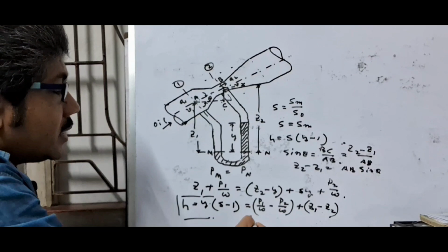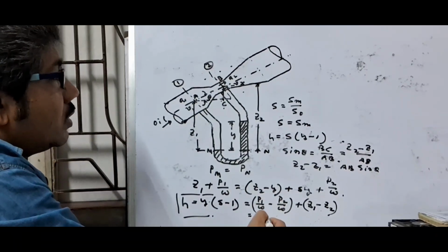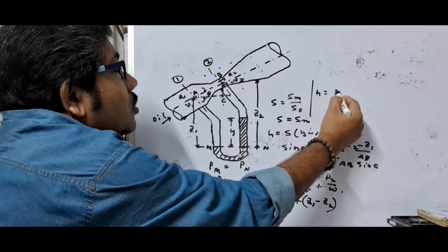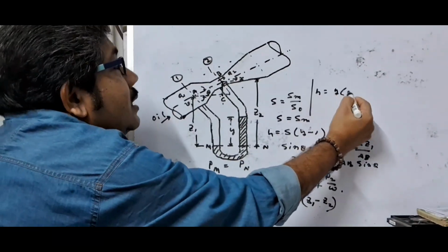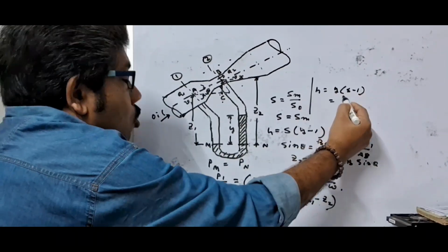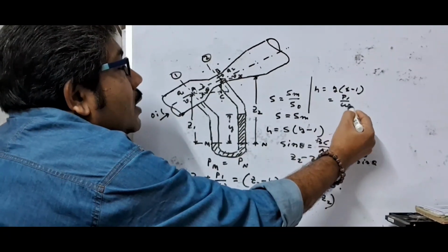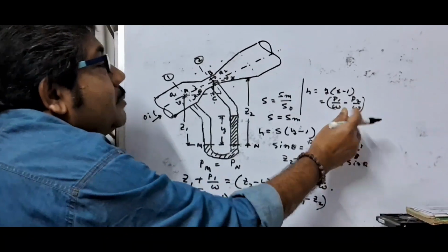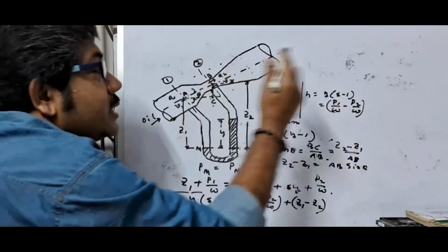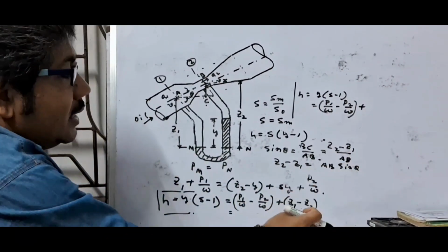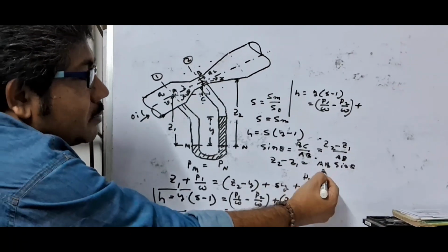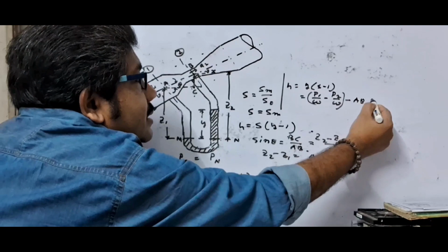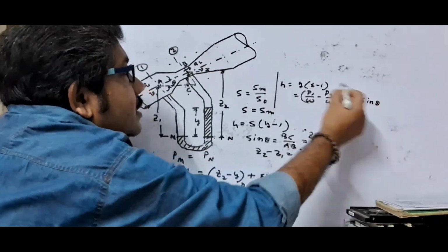That means this equation can be rewritten in this form. Here H equals Y into S minus 1, or this is P1 by omega minus P2 by omega, that means pressure head difference between 1 and 2 section, plus here Z1 minus Z2, that means minus AB sin theta.